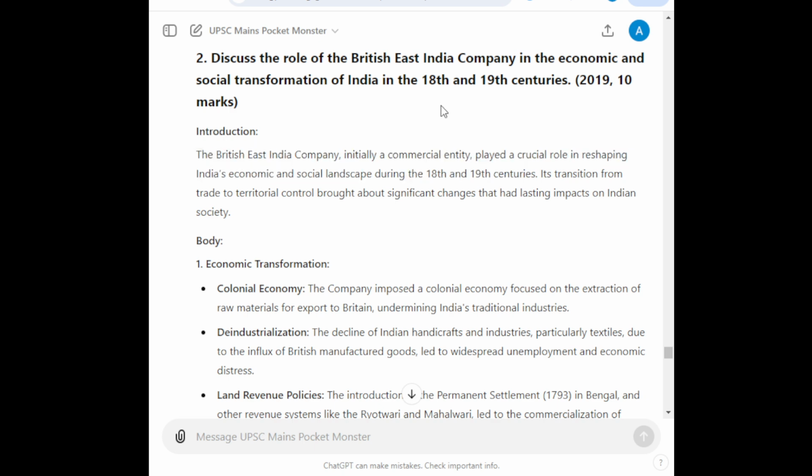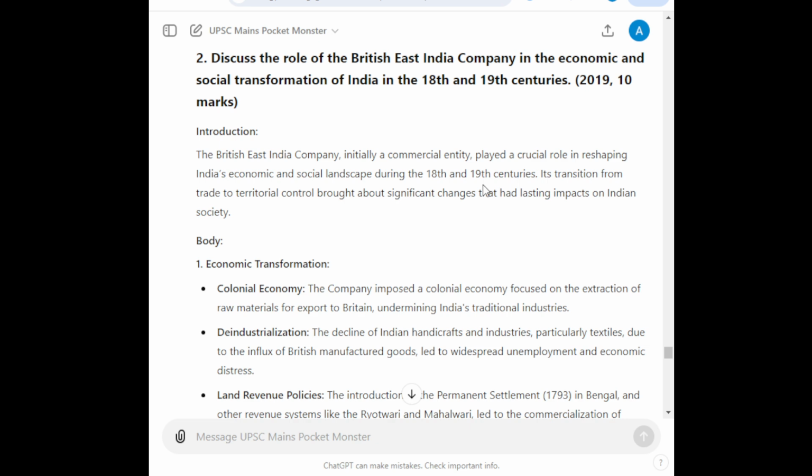So it's introduced as initially a commercial entity, then later changing India's social economic landscape. Alright, has affected both socio-economic landscape. Its transition from trade to territorial control brought about significant changes that had long-lasting impacts on Indian society.